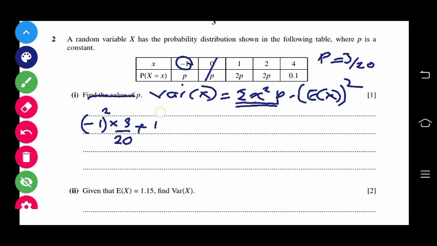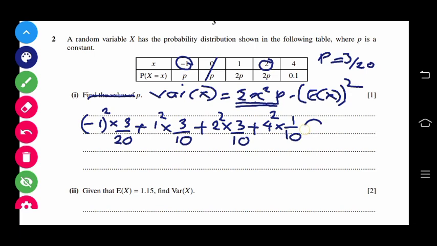Then 1 squared into 2p, 2 into 3 by 20, that is 3 by 10, plus 2 squared into 2p, that is 3 by 10, plus 4 squared into 0.1, it is 1 by 10, minus E of x the whole squared. E of x is 1.15 the whole squared.